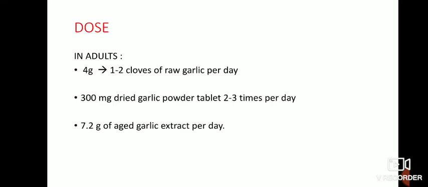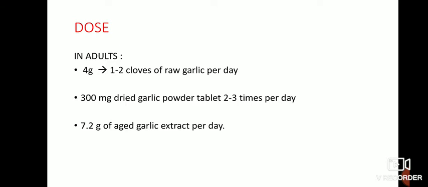Now, coming to the dose, how much an adult should eat on average per day is 4 grams, that is 1 to 2 cloves, and most importantly, it is not dried or as an ingredient in any curries or something. It is 1 to 2 cloves of raw garlic per day.